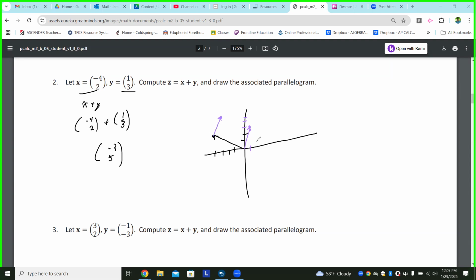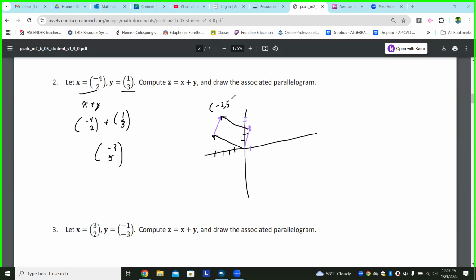Again, the best illustration of being parallel and about the same size. And then you could have also gone from this tip, the tail, and gone over 1, 2, 3, 4, and then up 2 to land you at the same spot, which is again -3, 5.